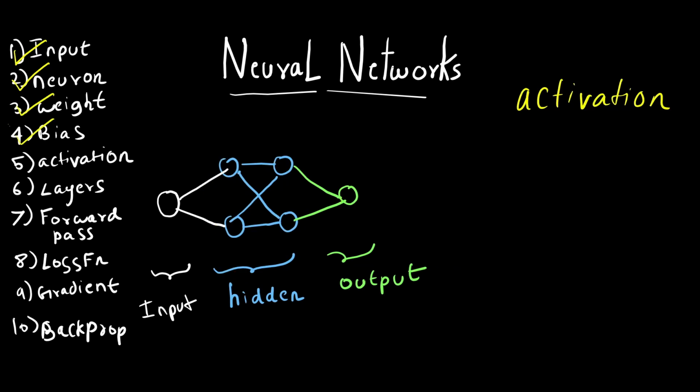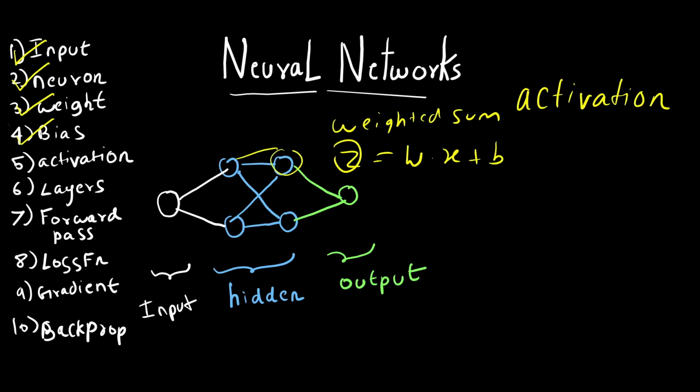Now let's see the intuition of the activation function. Let's recall the equation for the neuron. This is called the weighted sum, because for a particular neuron, every incoming weight is multiplied with the corresponding input X and added with the bias. If you see, this is just a linear function, and the dot product between the weights and input shows the similarity.